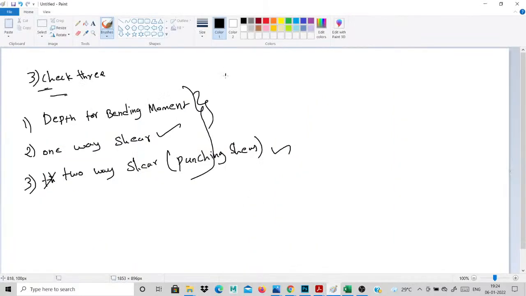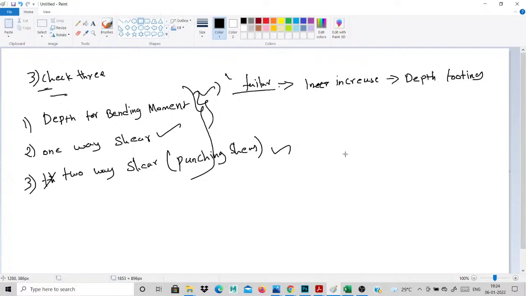If the bending moment check fails, how do you make it safe? Increase the depth of your footing. Automatically, the bending moment will pass.